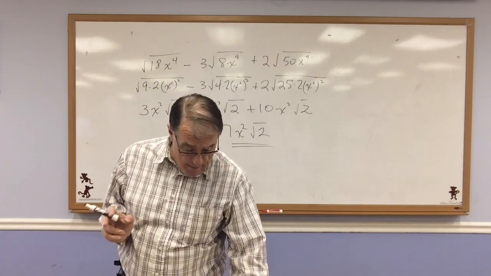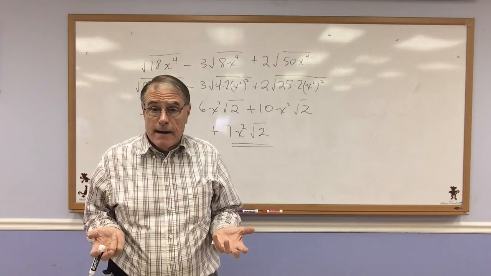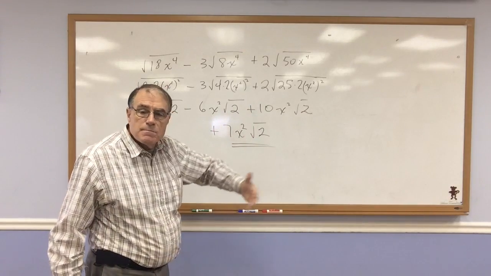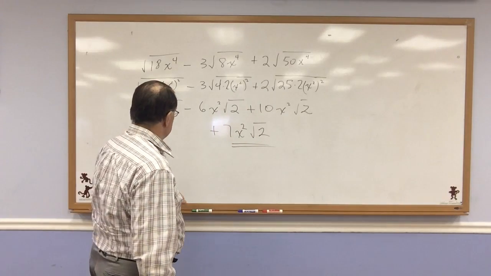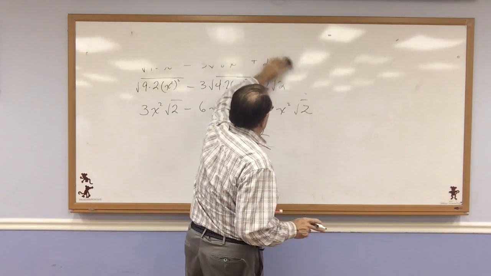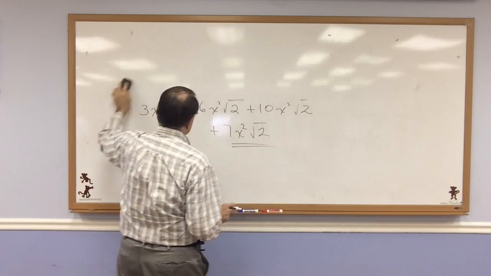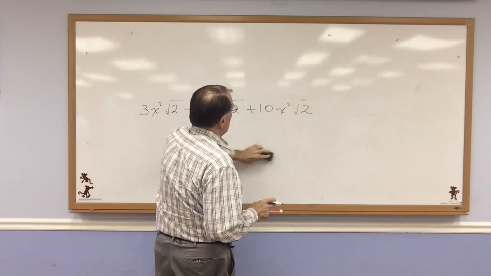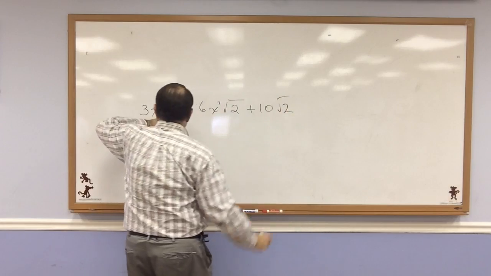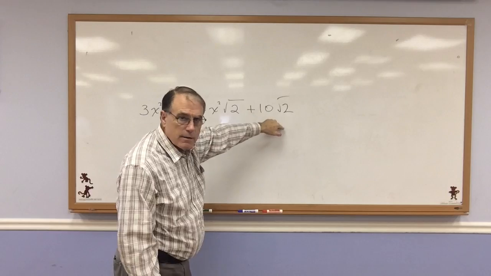Once again, I've got to make certain the radicands must be the same in order to combine the radicals. And then, since I have variables here, they too must be the same to combine them. Alrighty, so for an example, let's just suppose a problem presented as this. 3x squared root 2 minus 6x squared root 2 plus 10 root 2.